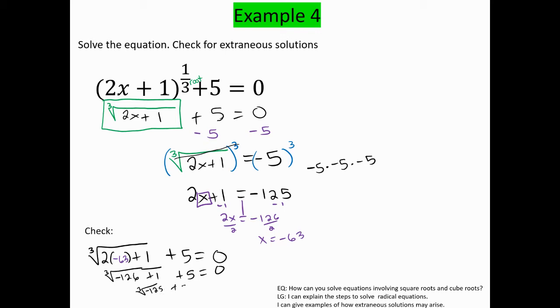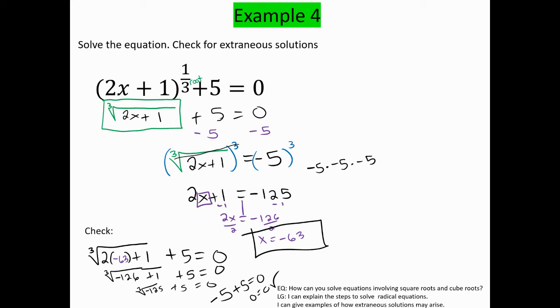And then we're going to add 5 equals 0. And so, yes, the cube root of negative 125 we know is just negative 5. So this whole thing right here became negative 5. And then we're going to add 5, and that is 0. So 0 equals 0. Bam, we know this is okay.